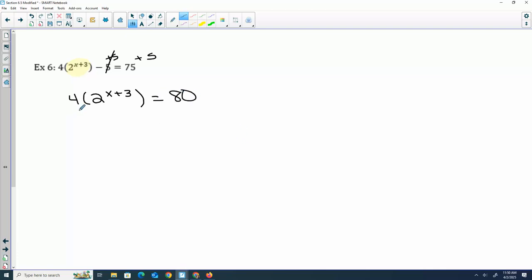Then what would we do? So 2 to the x plus 3 equals 20. At this point, can we get a common base between 2 and 20? 2 to a power doesn't equal 20, so that means we have to add logs.